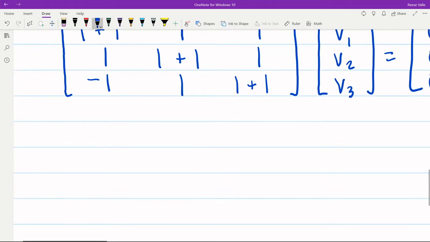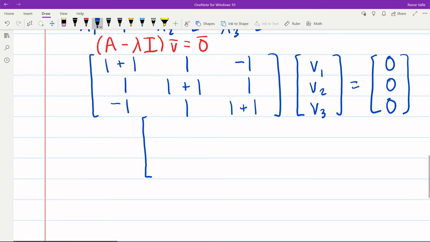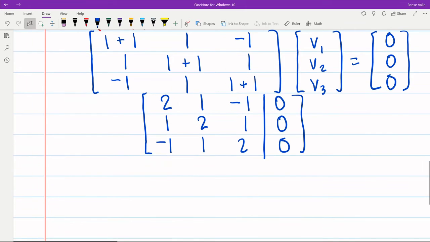Then you could change that into, well, I'm going to simplify the matrix on the inside. So 2, 1, negative 1, 1, 2, 1, negative 1, 1, and 2. And then it's going to be set to 0 there.